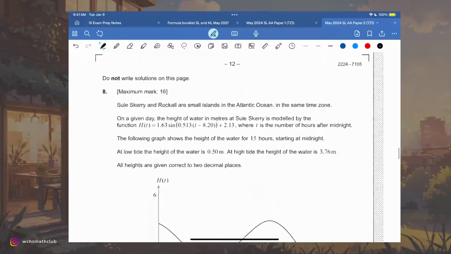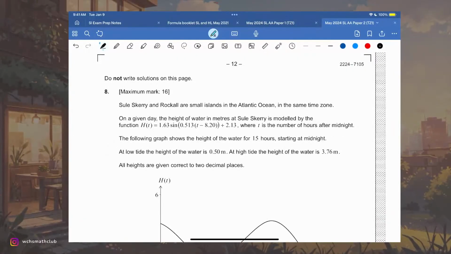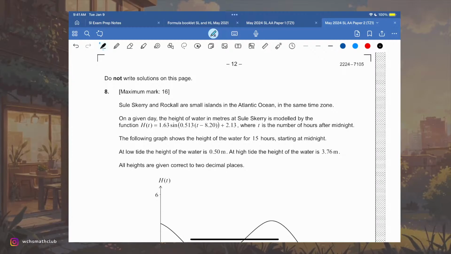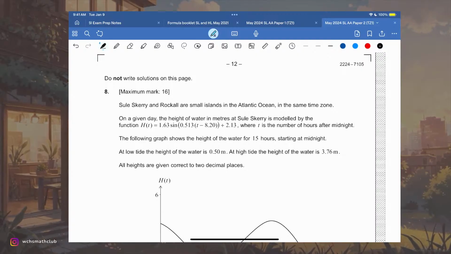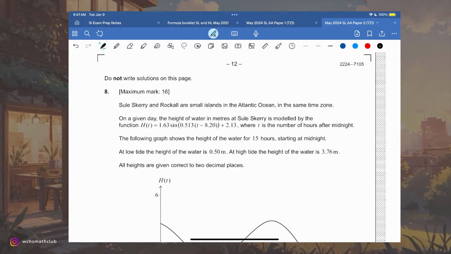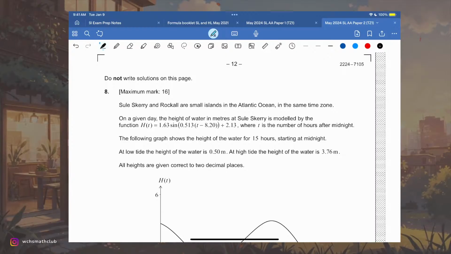Sault Ste. Marie and Rockall are small islands in the Atlantic Ocean in the same time zone. On a given day, the height of the water in meters at Sault Ste. Marie is modeled by the function h of t is equal to 1.63 sine of 0.513 t minus 8.20, plus 2.13, where t is the number of hours after midnight.